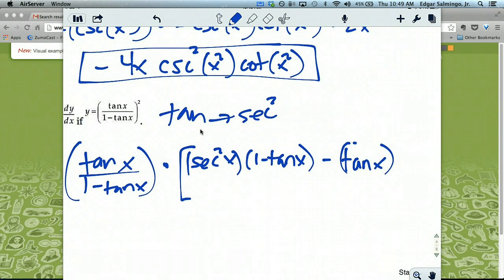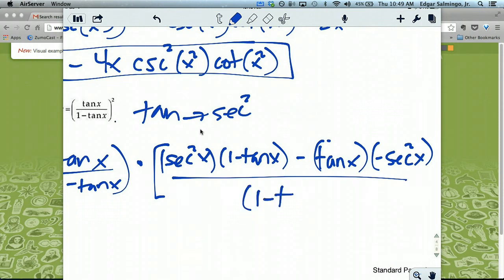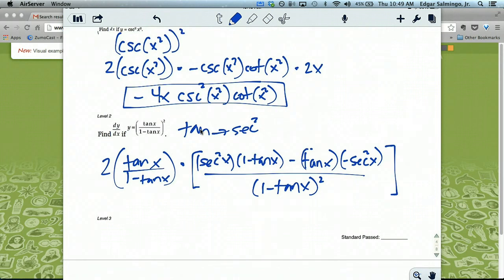The derivative is going to be a negative secant squared because derivative of 1 is 0, and the derivative of negative tangent is negative secant squared. All over the denominator squared, 1 minus tan x squared. So if anything, this should have been a level 1, and level 1 should have been level 2, but there you go. That's how you do that type of problem.